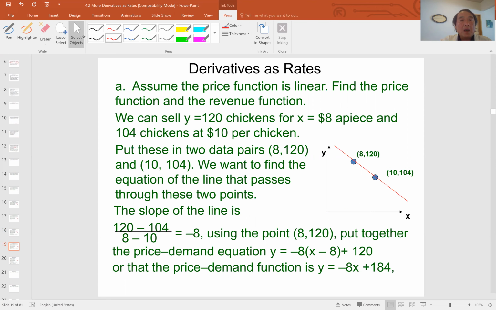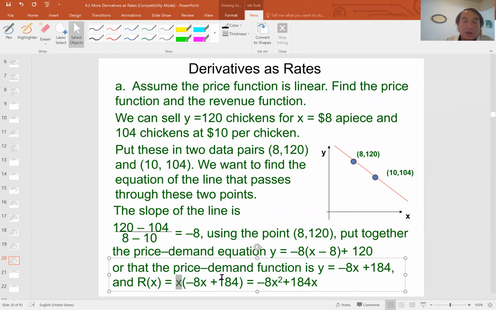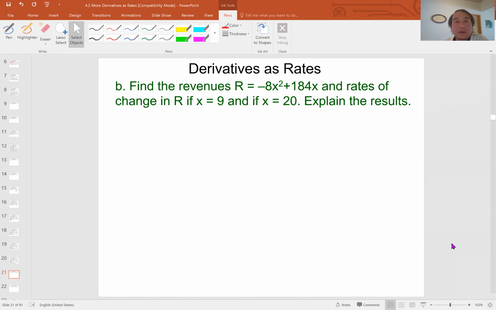It tells me the price we set, and when I plug in whatever price x is, it tells me how many corresponding chickens will be sold, the demand. Now we multiply them together, since each one costs x dollars and this many will be sold. Multiplying them, we get the total amount of money taken, and that is called the revenue. Notice that's different from profit. We'll talk about that later.